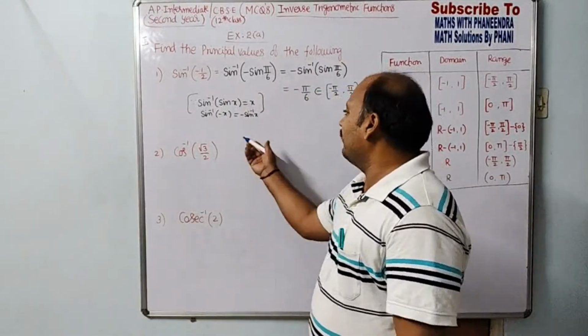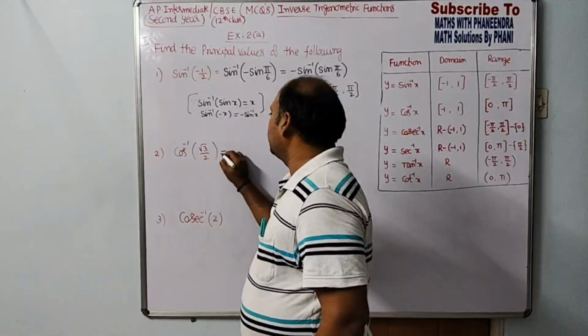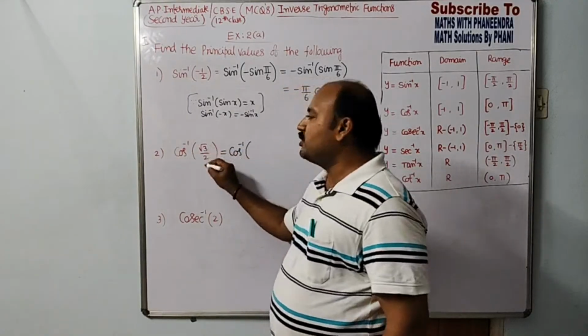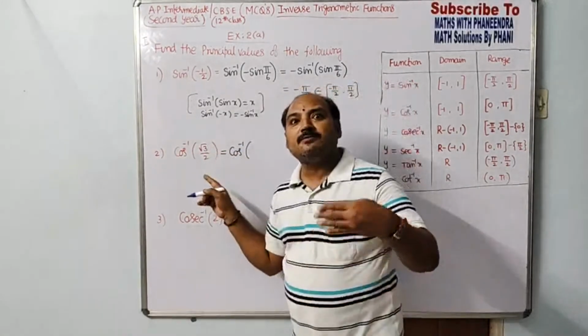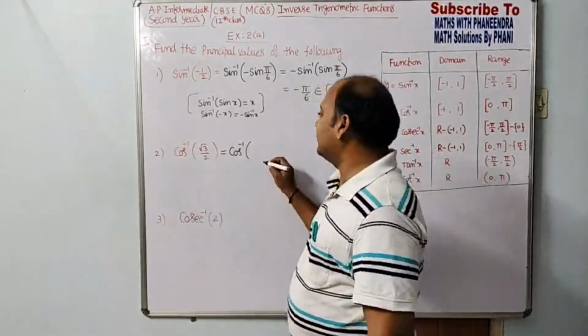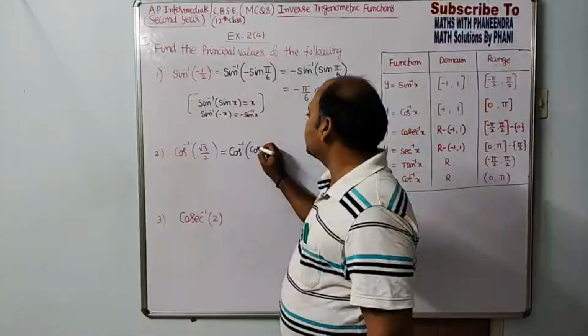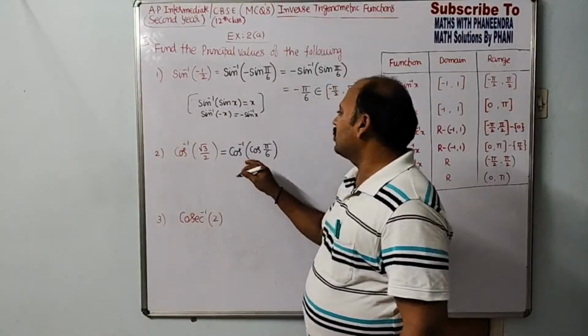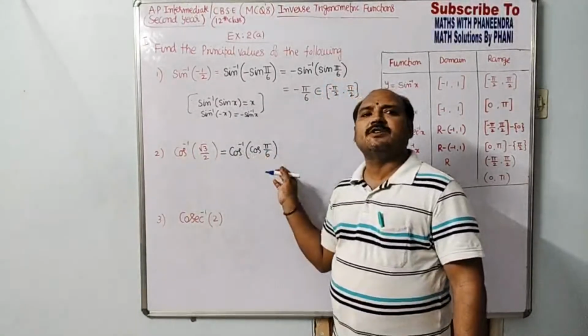Okay, dear students, we'll go to question number 2. Cos inverse of root 3 by 2. Root 3 by 2 in terms of cos is cos 30 degrees. Cos 30 means cos pi by 6. So cos inverse of cos pi by 6.